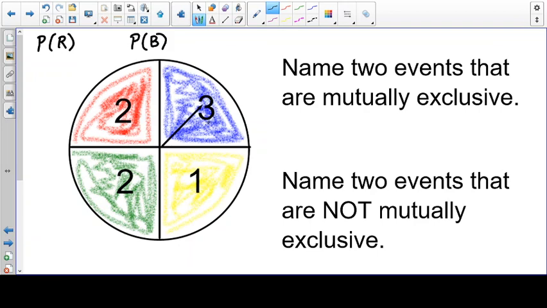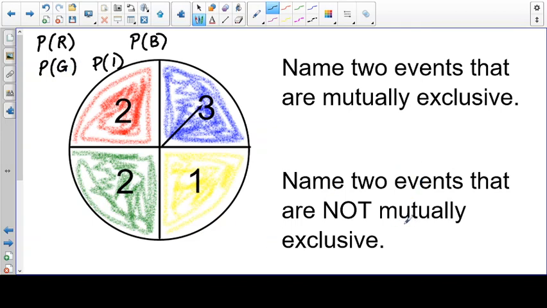From one spin, you can't land on a blue and a red at the same time. Another example of mutually exclusive events: the probability of a green and the probability of getting a 1. Those two events are mutually exclusive. They cannot occur at the same time.